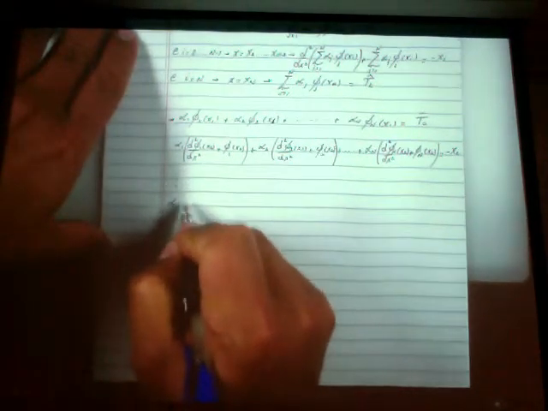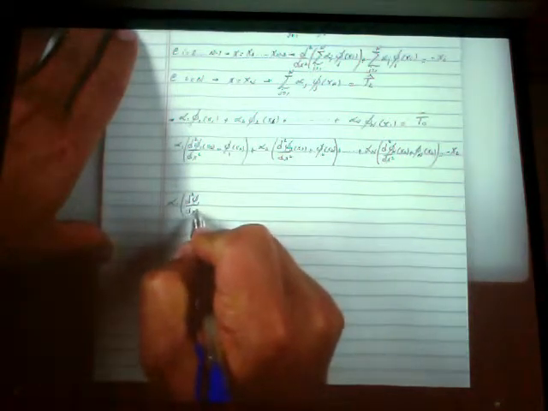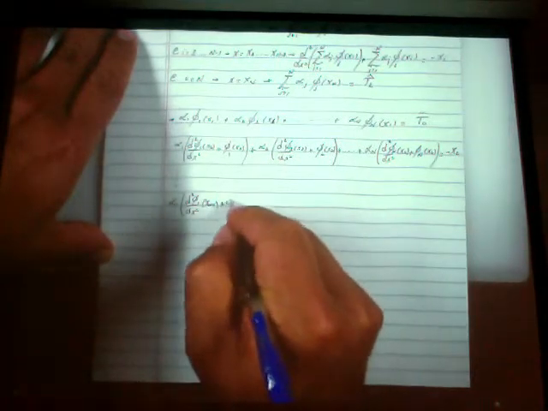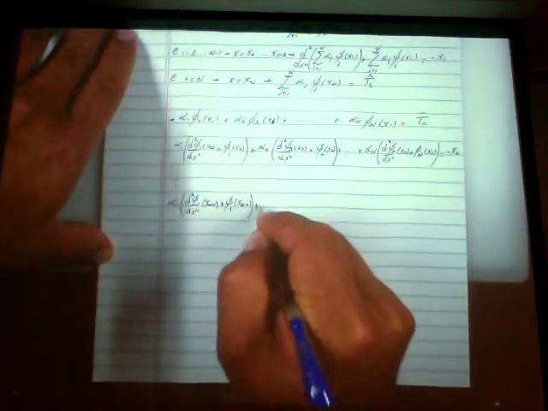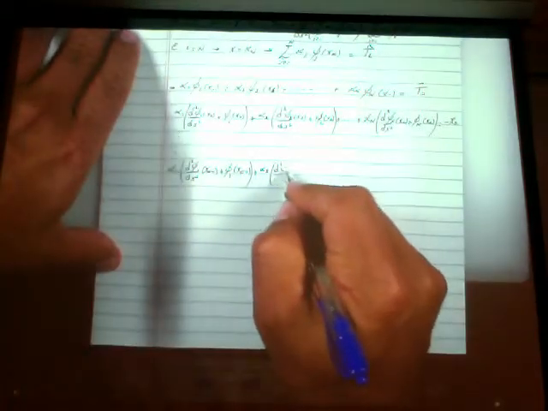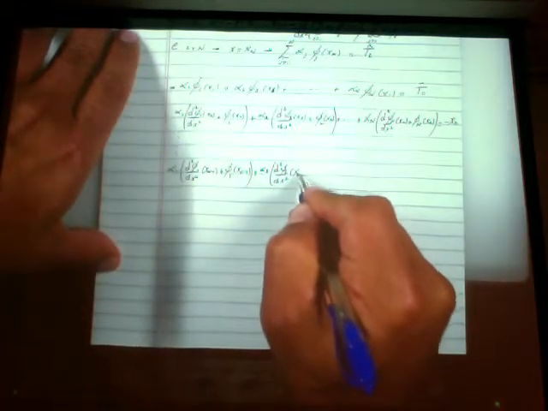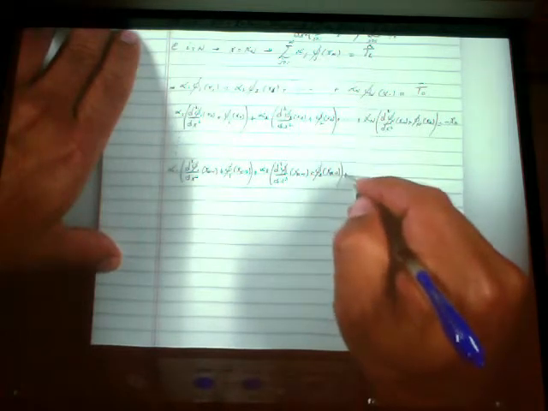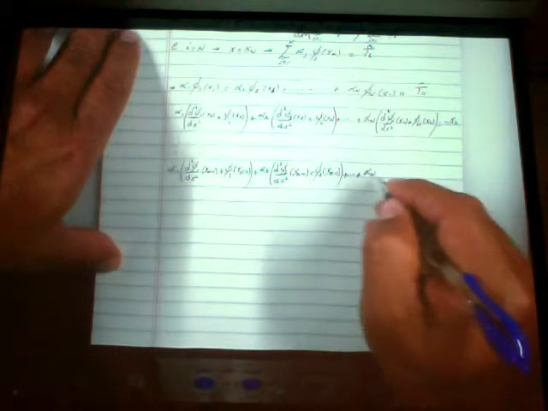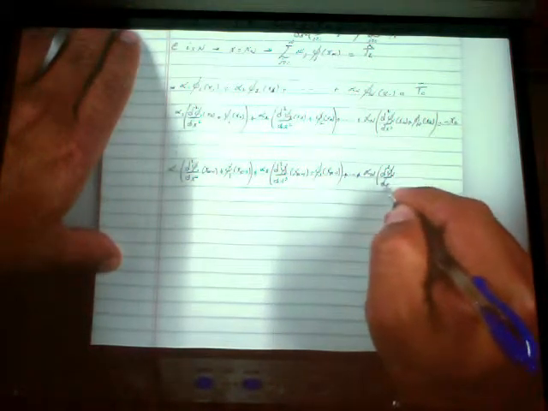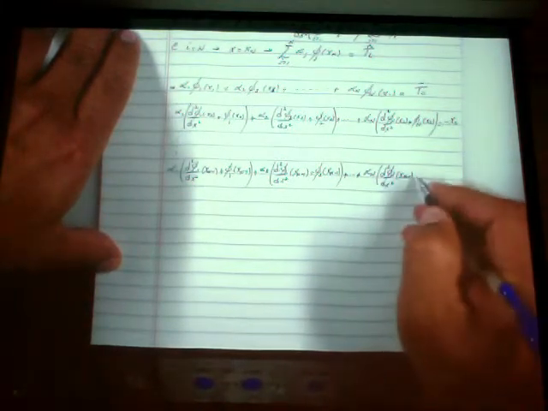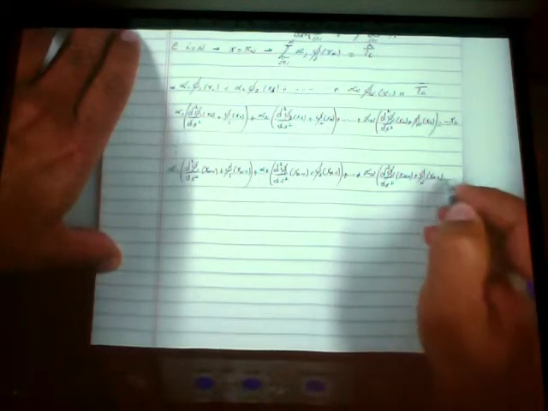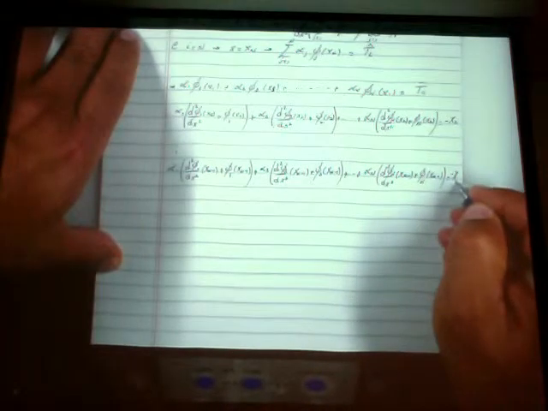We will do this n minus 2 number of times: alpha 1 times the second derivative of phi 1 with respect to x squared at x n minus 1 plus phi 1 at x n minus 1, plus alpha 2 that multiplies the second derivative of phi 2 with respect to x squared at x n minus 1 plus phi 2 at x n minus 1, plus alpha n times the second derivative of phi n with respect to x squared at x n minus 1 plus phi n at x n minus 1 is equal to minus x n minus 1.